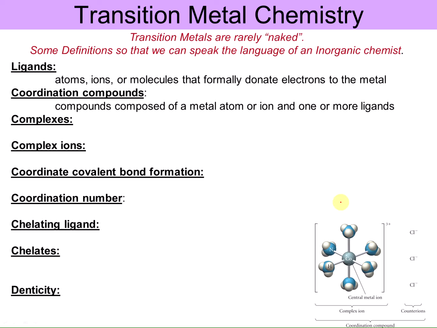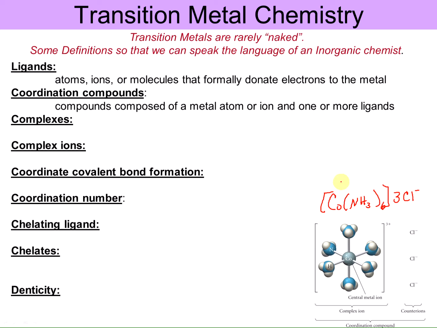So this entire species here, this cobalt amine complex, let me write out the formula. So cobalt, and there are 6 amines, and then there are 3 chlorides.